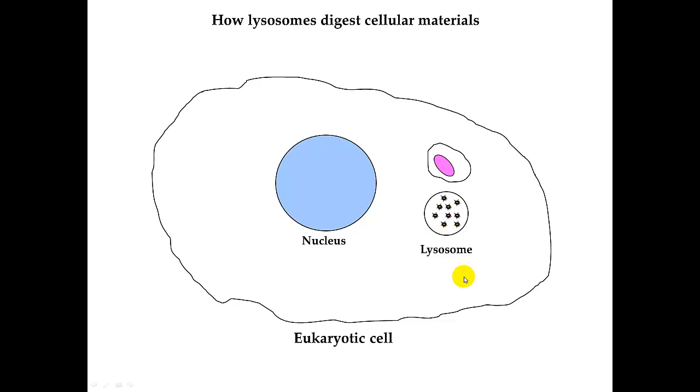The way that it does it is that the membrane that's surrounding this bacterium fuses together with the outer membrane of the lysosome, kind of like this. When that occurs, it allows these digestive enzymes access to the bacterium that just got taken in. Once they have access to that bacterial cell, those enzymes can do their thing, which is to break down that bacterial cell.